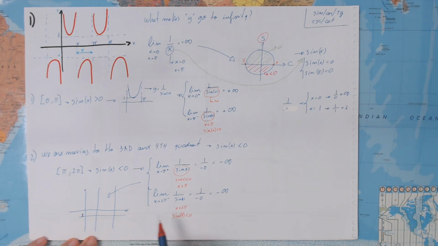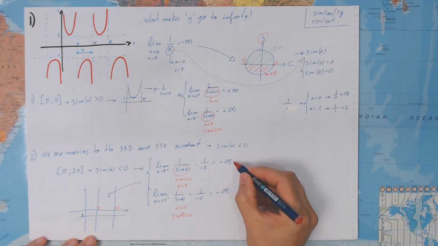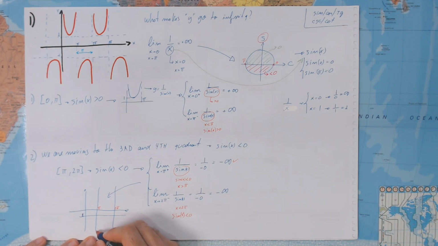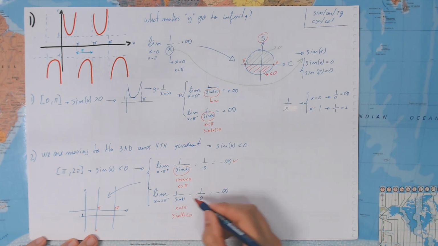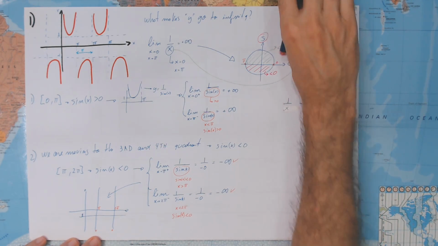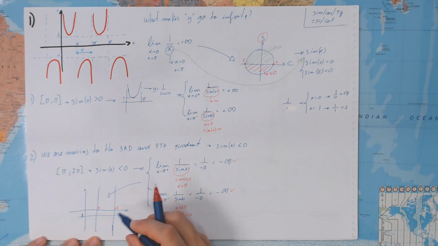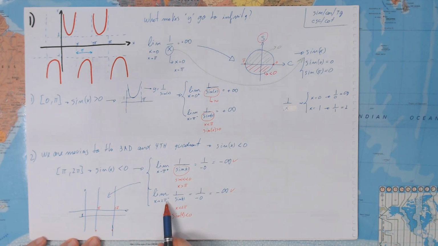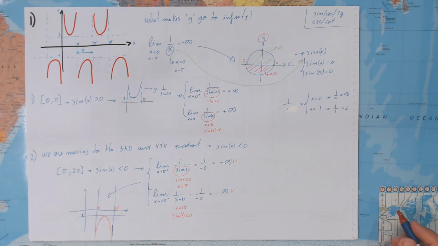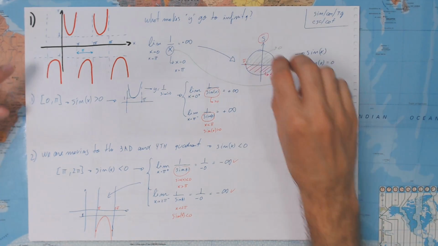Towards pi it goes to minus infinity in here, and towards 2 pi it is also, from the left minus and plus from the right, and therefore it's going to be something like this. Now that is why our chart is going to be this.